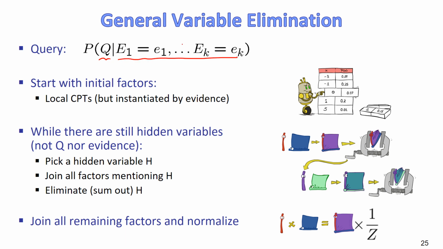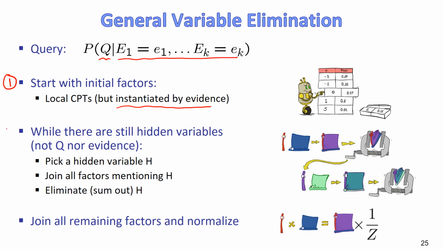I want to compute this probability table, a conditional distribution of Q given all of these values. The first step is to start with initial factors instantiated by the evidence. What do we mean by instantiated by the evidence? We select only the rows that match the evidence.